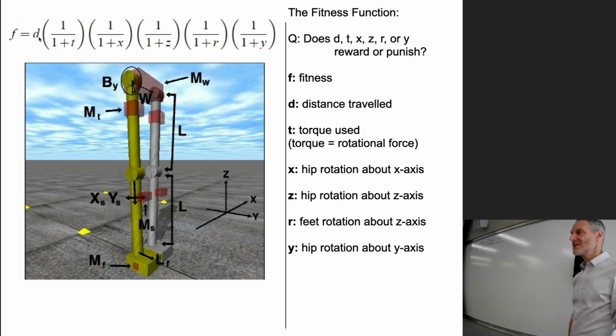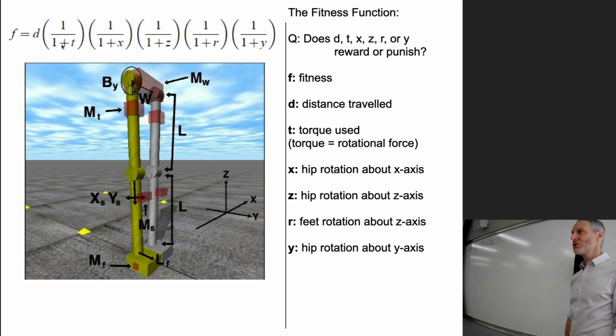D is the distance it moves down the declined plane. Makes sense. Why is this fitness function not F equals D? Why is it F equals D times something else, times something else, times something else?